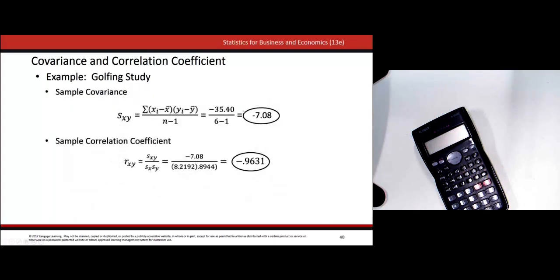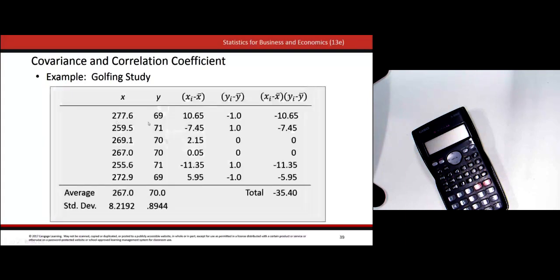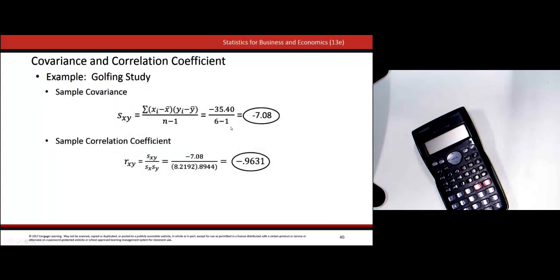So then the numerator, negative 35.4, is divided by n minus 1. n is 1, 2, 3, 4, 5, 6, so 6 minus 1. So this is the covariance, negative 7.08, which indicates a negative relationship.